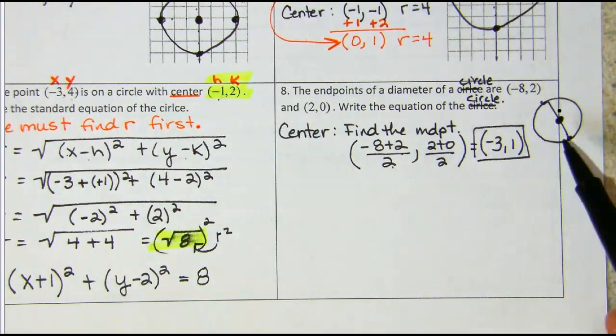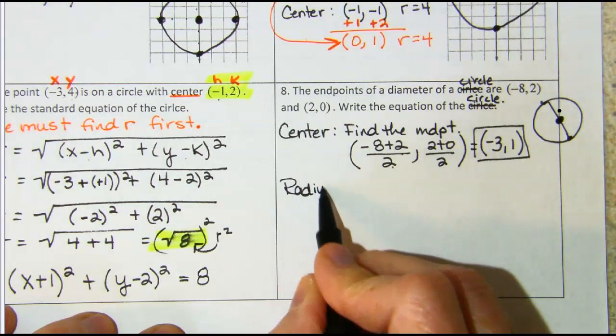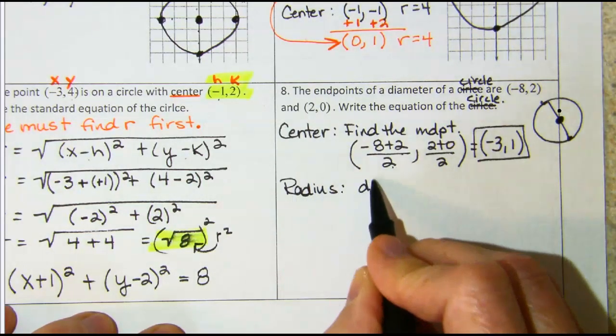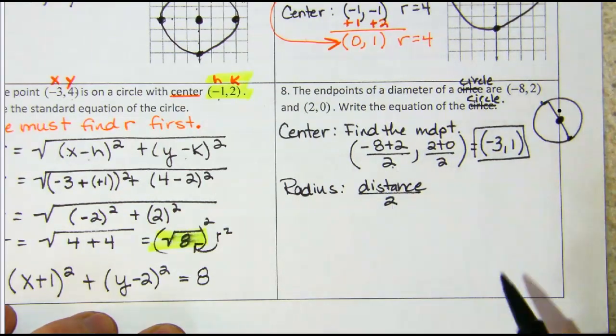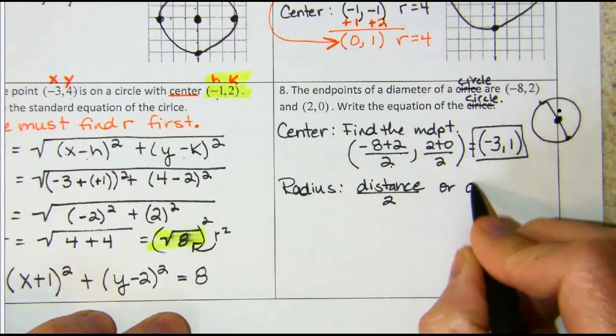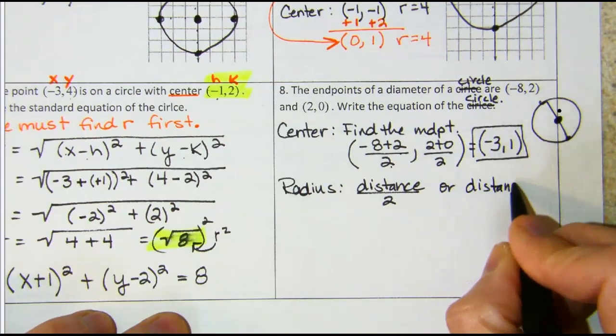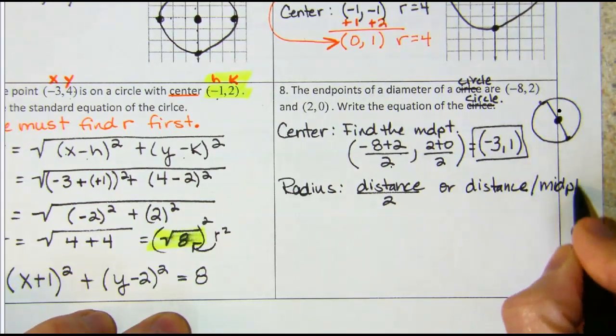Now the radius, okay, we've got to figure out what the radius is. So there's several different ways to do this. It doesn't matter. You can do this 2 different ways, so I'll show you both ways. You can do the distance formula of that diameter and divide by 2, or you can do the distance formula between one point and the midpoint.